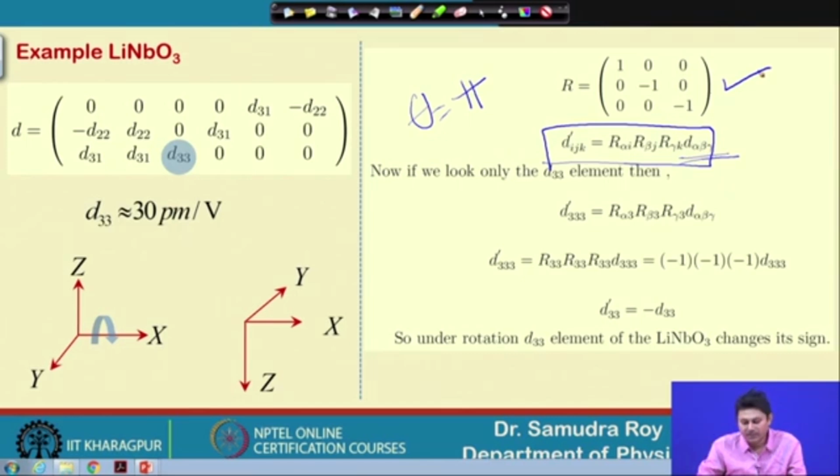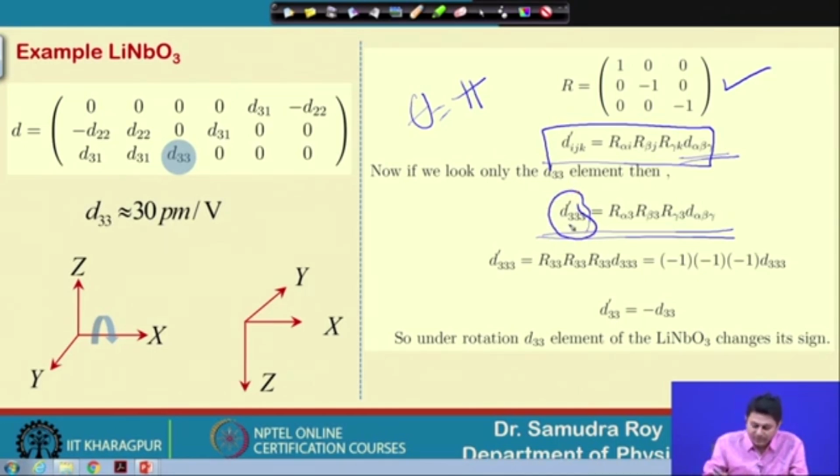So I know what my R11, R12, R13 and so on are. Now, I try to find out what happens to the D33 component under this rotation, and we are going to use this expression for D33. I need to put D33 prime, because I need to know the value of D33 in the prime frame.